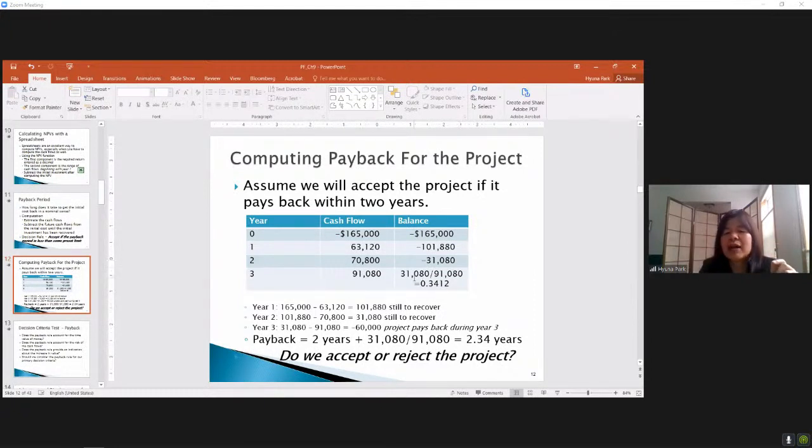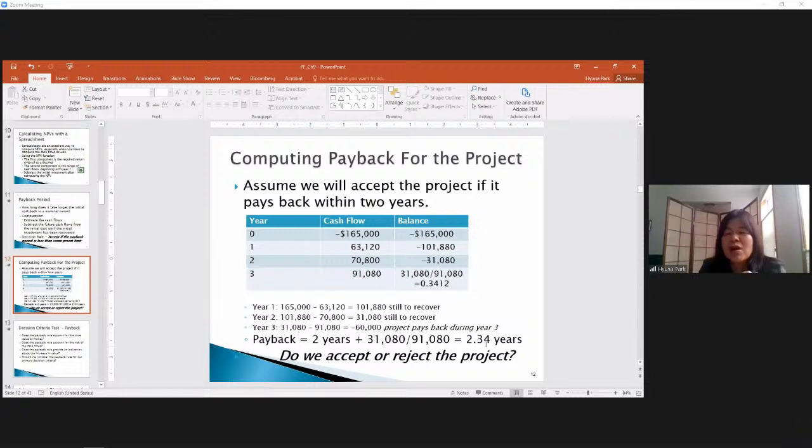We divide the remaining balance at the end of the second year by the year 3 cash flow. That's 0.3412. So it takes 2.34 years to pay back this project. The decision rule is payback within 2 years, so this project will be rejected.